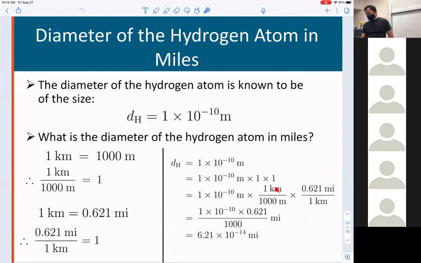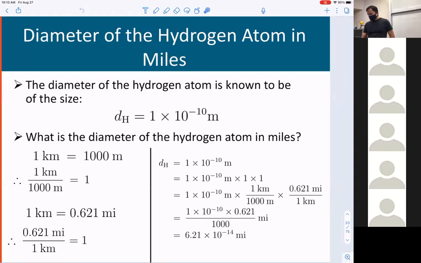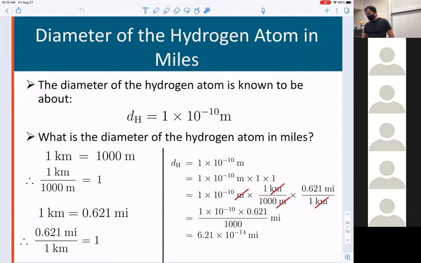In this multiplication, I'm going from meters to kilometers because the meters cancel and I'm left with kilometers. Now I multiply by another factor of 1, this ratio, which takes me from kilometers, they cancel, to miles. That makes sense. In the end, the meters cancel, the kilometers cancel, and all you're left with is miles. Putting all these numbers together, you get 6.21 times 10 to the minus 14 miles.